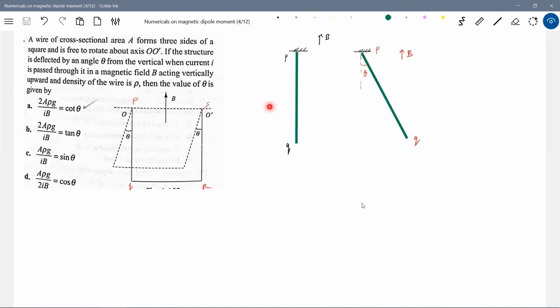Now you bring the BIL force into the picture, with B bar and I. Cross-sectional area A, forms three sides, so let L be the length.